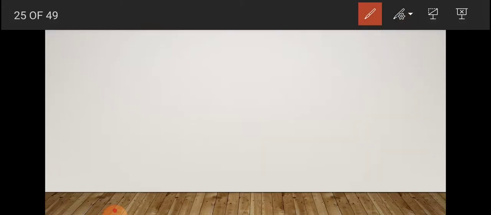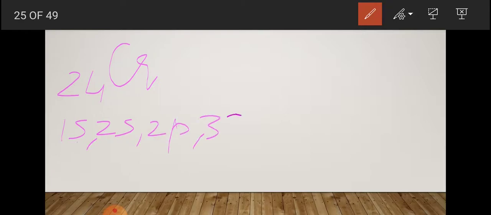Chromium. When you count hydrogen, helium, lithium, beryllium, you will see that 24 is the atomic number of chromium. Now let's start filling the electrons. First I will write 1s, 2s, 2p, 3s, 3p, 4s, 3d.